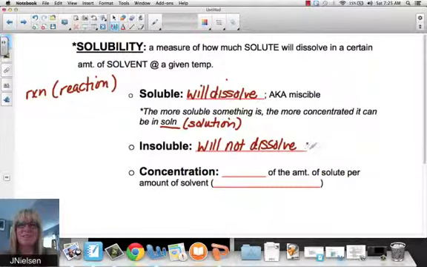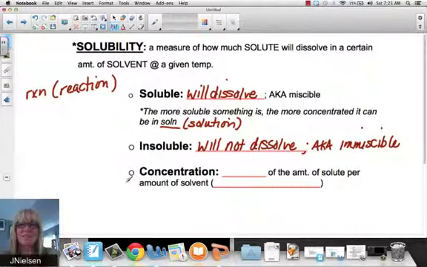This is also known as immiscible. For example, oil and water.